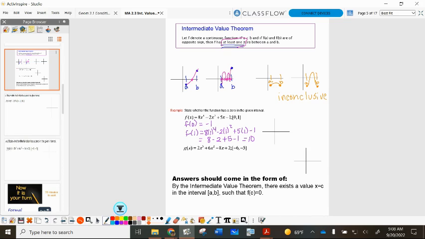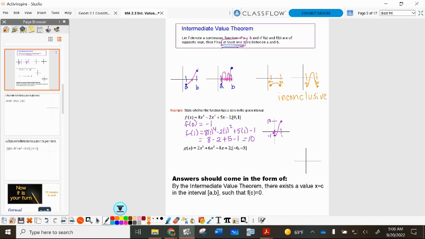Okay, so f of 0 is negative 1, and at 1 we're at positive 10. So they're definitely of opposite signs, and so somewhere between there, at least once, it's going to have to cross. It could cross multiple times, but at least once it does.